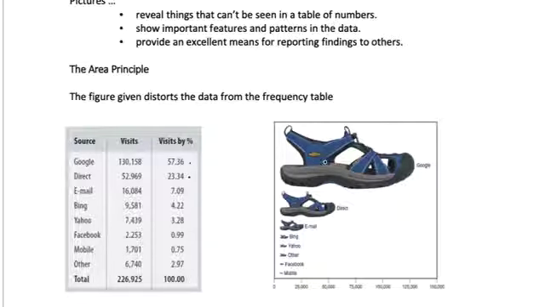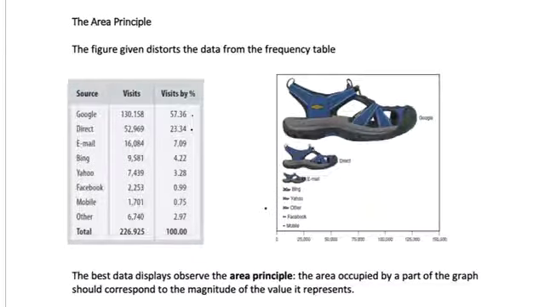However, if I look at these shoes, the area occupied by the largest shoe is much more than twice the size of the area occupied by the next biggest. It looks like it's about 4 times as big as the next largest one. And so this is violating what's called the area principle. The area principle states that the different parts of the graph should be proportionate to the magnitude of the value it represents.